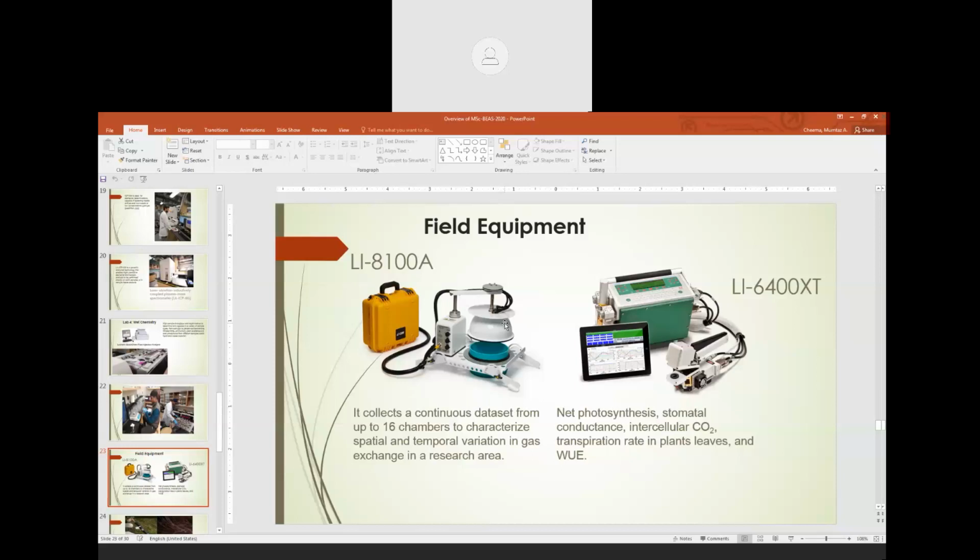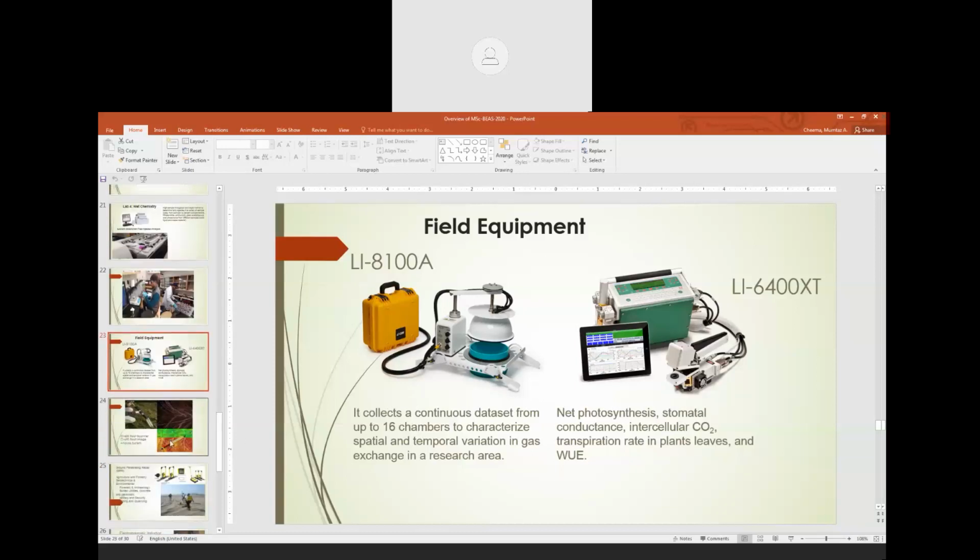So these will be discussed in that course. But again, how can we determine those changes and find the answers to our research questions? These are all equipment that will be used in answering the research questions.